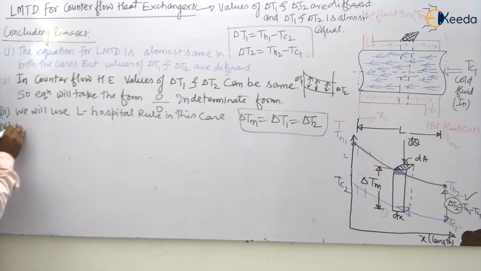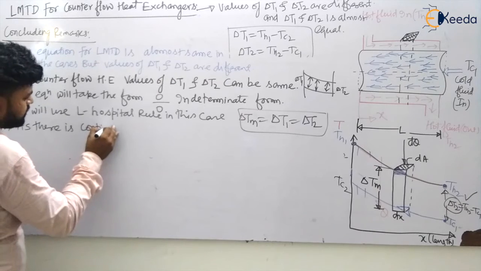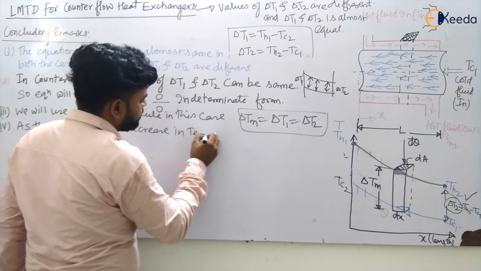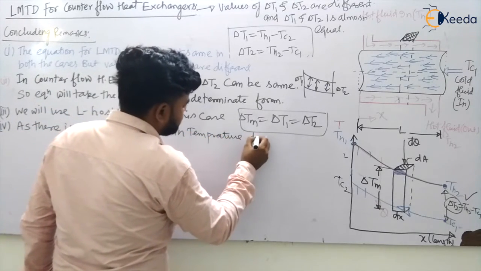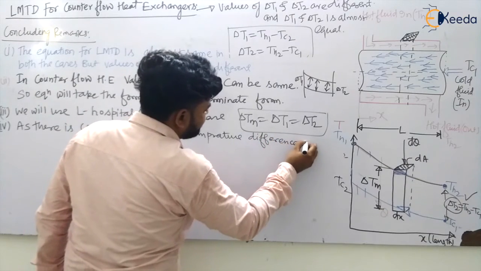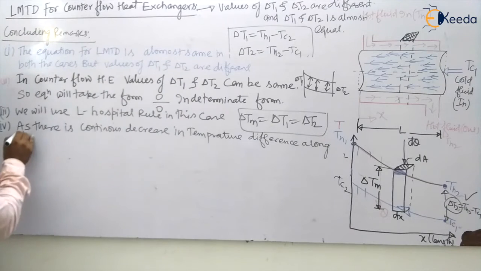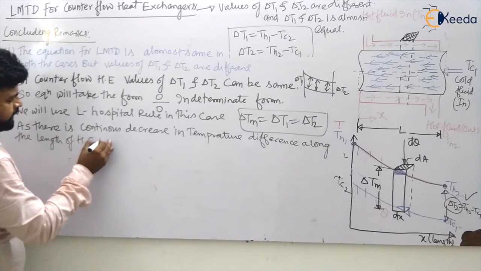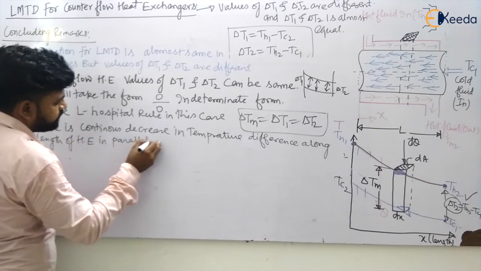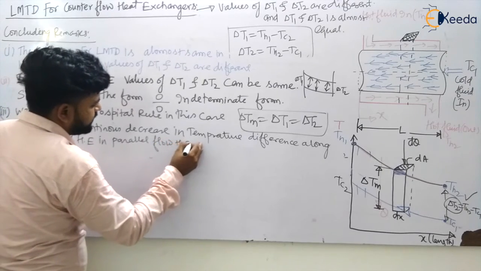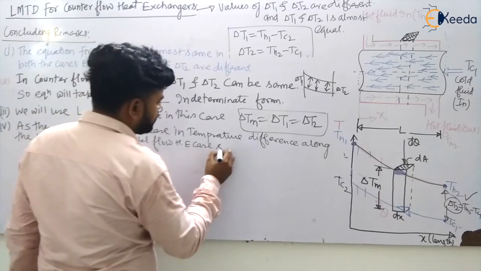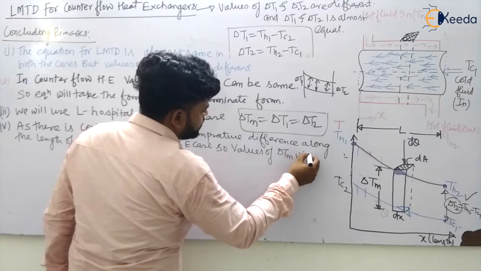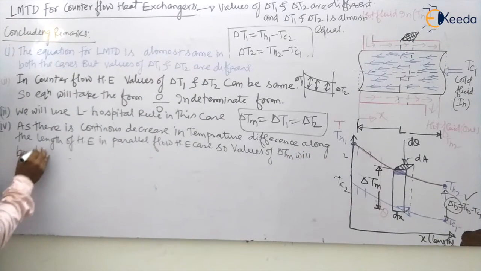Number fourth, as there is decrease in temperature difference along the length of heat exchanger in parallel flow heat exchanger case, so values of delta Tm will be large, my dear students.